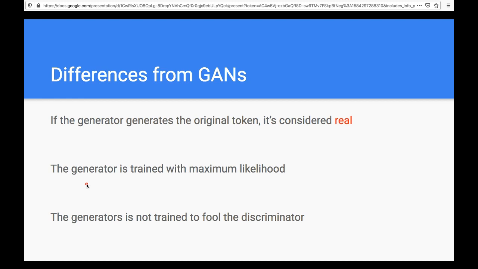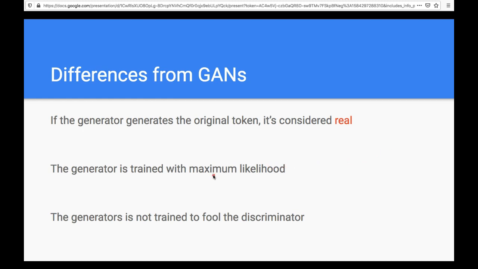And again, it's not the case, because even if you can predict a very realistic picture, as long as the discriminator says, oh, that's fake, then you lose points. But in this case, it's okay.